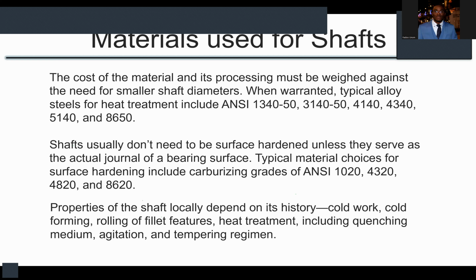So if you do not have the data sheet for a particular shaft material that you're buying, then you ask: was this shaft cold drawn or was it hot rolled? Did you quench it? If hot rolled, what was the quenching medium, for how long? Then you are able to understand what its properties could be like.